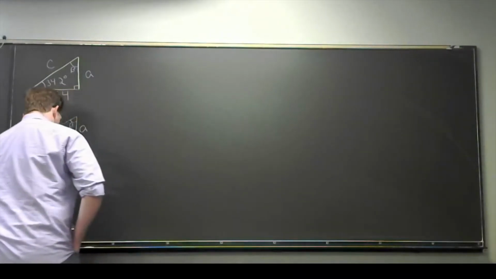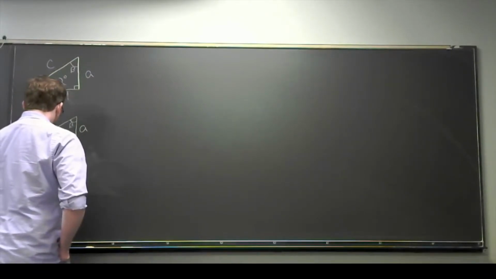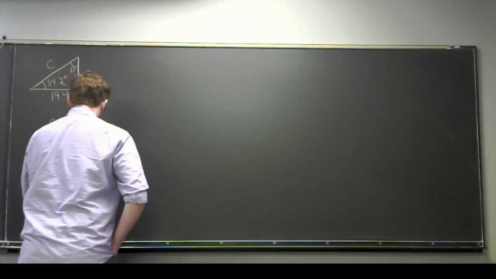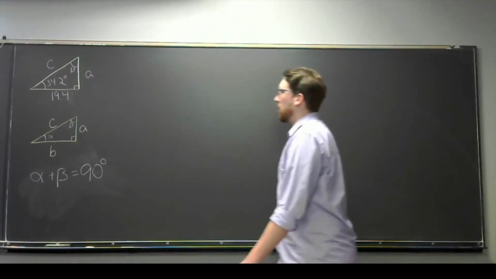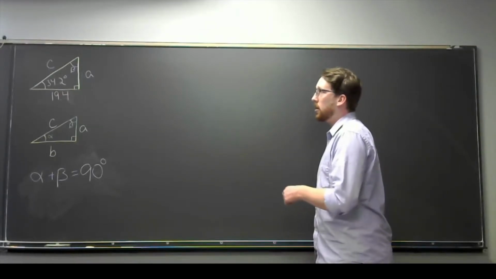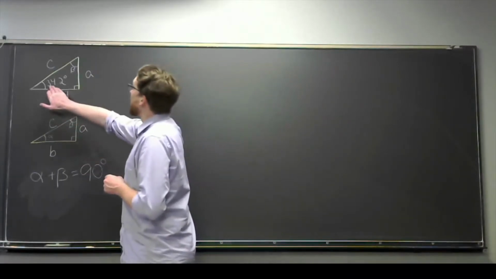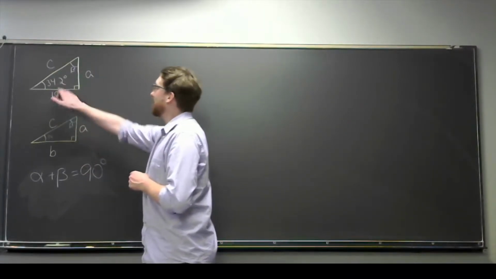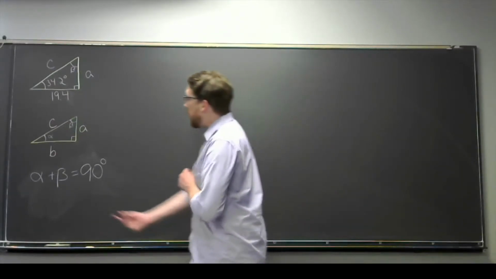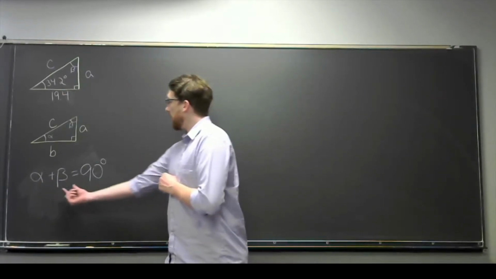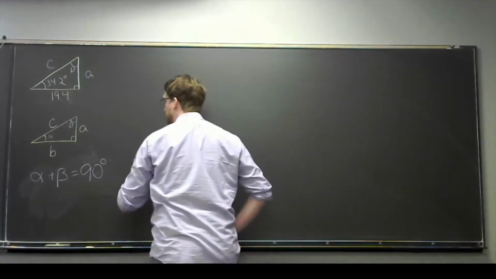So alpha plus beta is equal to 90 degrees. We know alpha is 34.2 degrees, so we can find beta. All we have to do is subtract alpha from both sides, and that's going to give us beta. So let's do that.